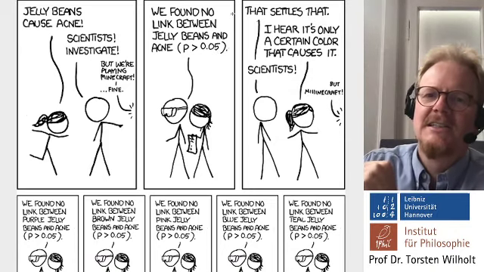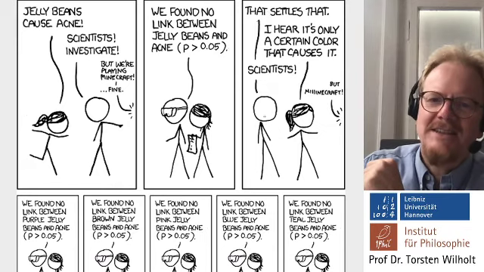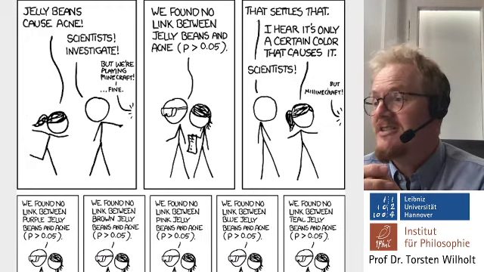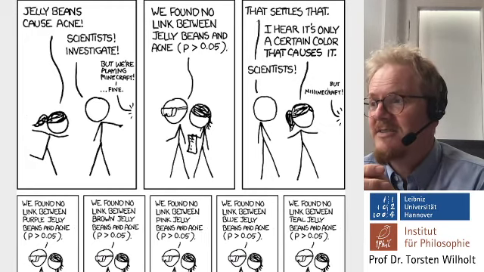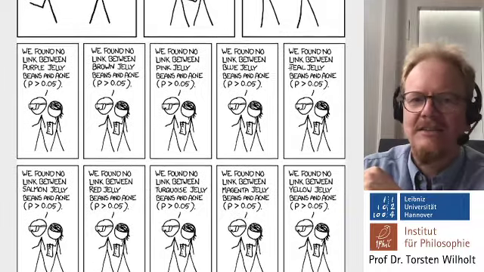So the scientists say that settles that. But then she comes and says, I hear it's only a certain color of jelly beans that causes it. Scientists! So the scientists have to investigate again.